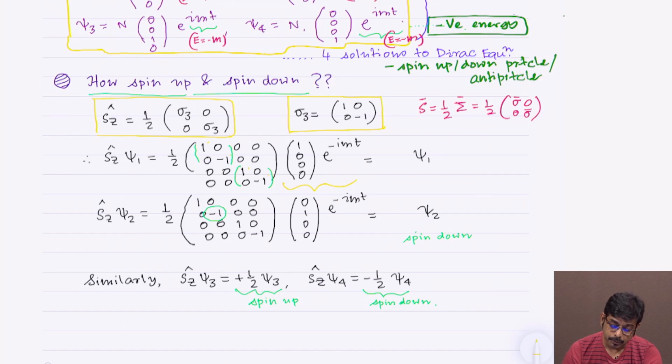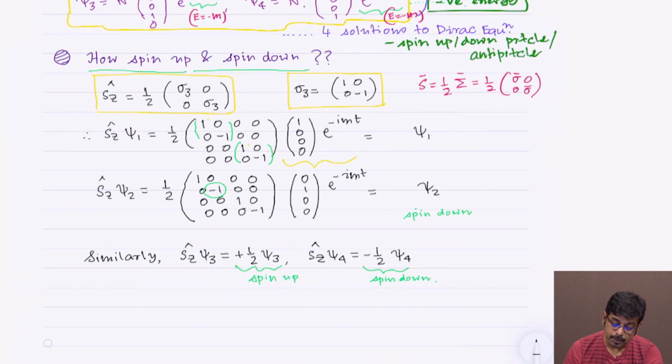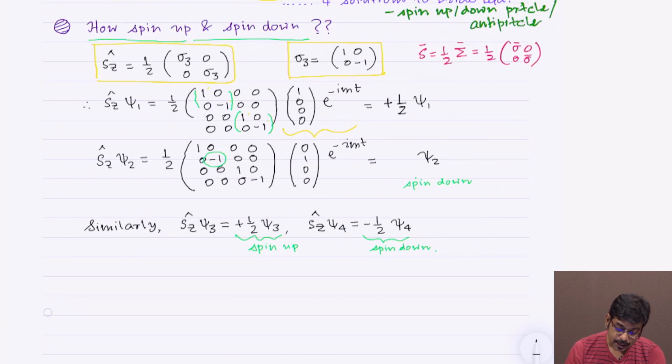Now, if you do this operation, what am I going to get? Can you tell me before I write? The answer is very, very simple. This is going to simply give me plus half psi 1, correct? What happens if I act SZ on psi 2?